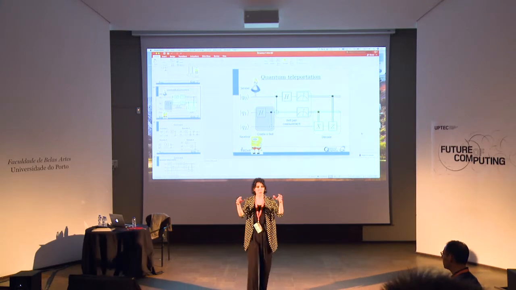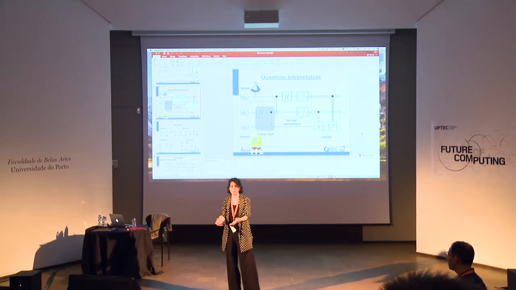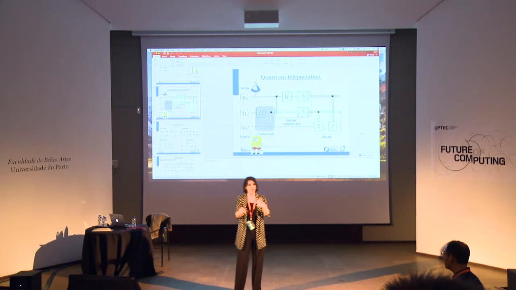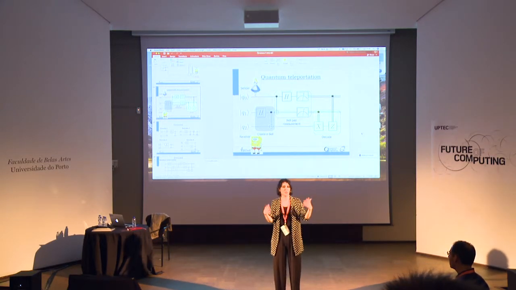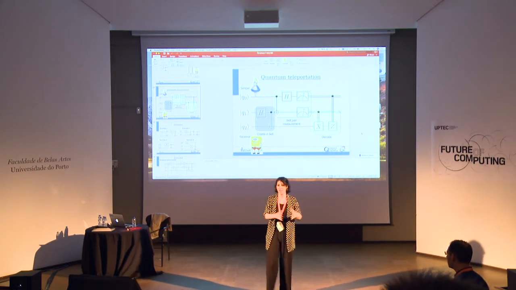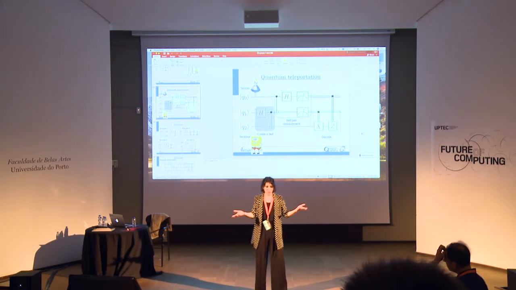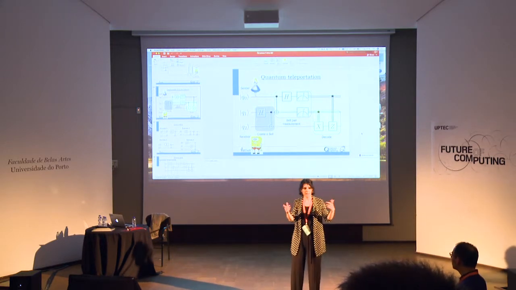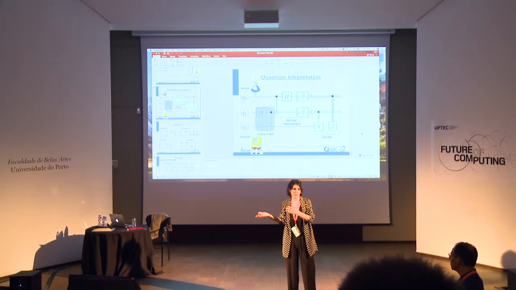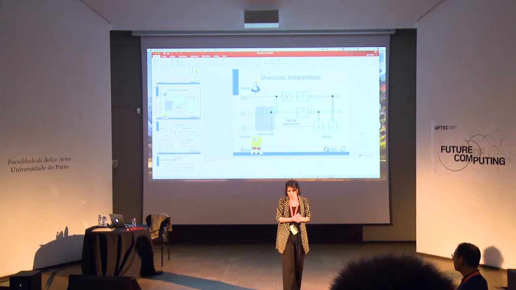Logical qubits are composed of several unreliable physical qubits. On top of that, you have extra qubits in order to check the status of your system, to check if there was an error, what error happened, and we are also working on the decoding process. So for example, how to identify that error, in which qubit and what error occurred.